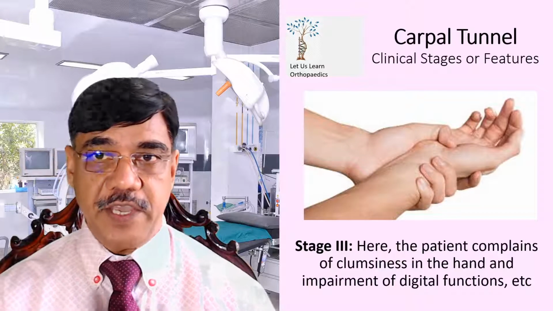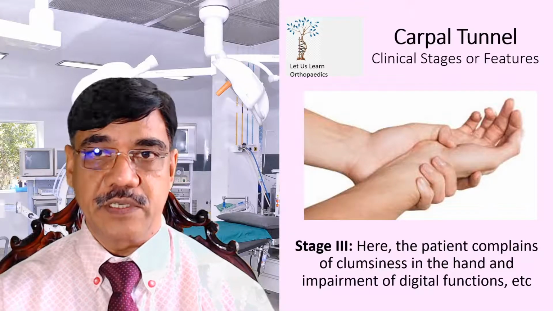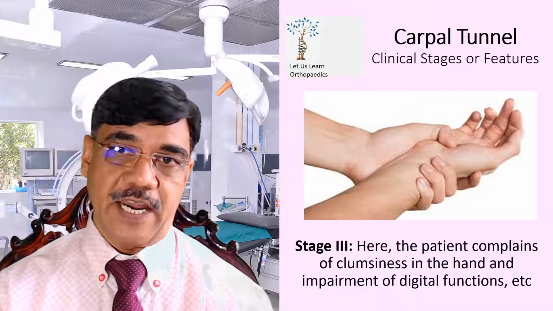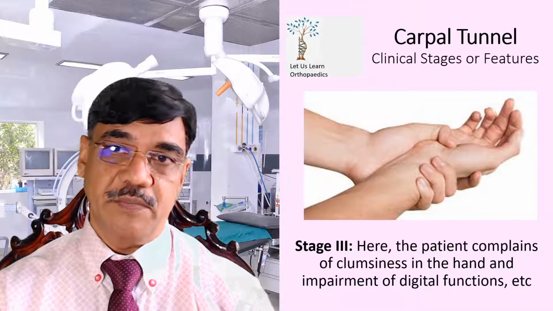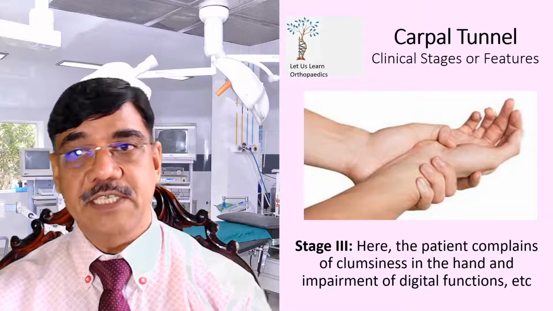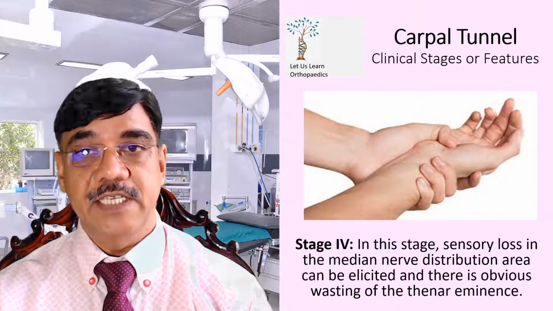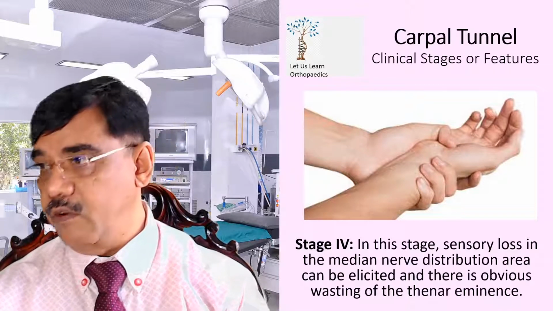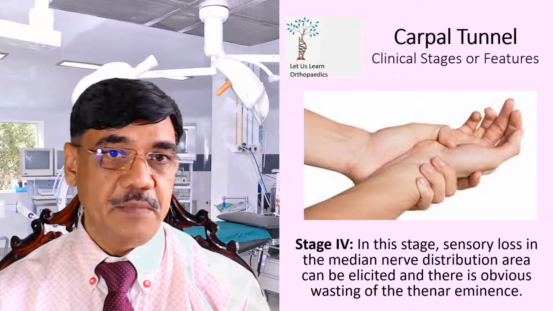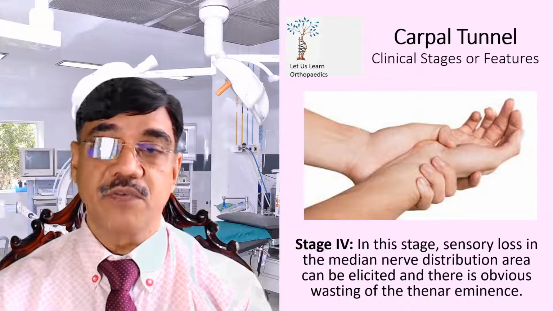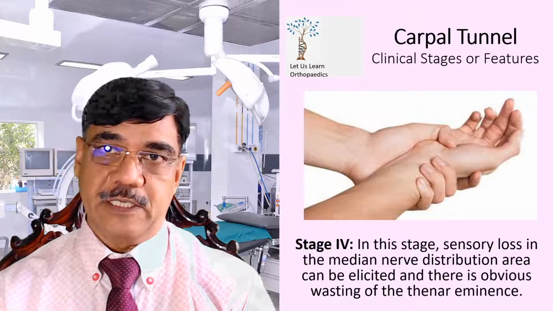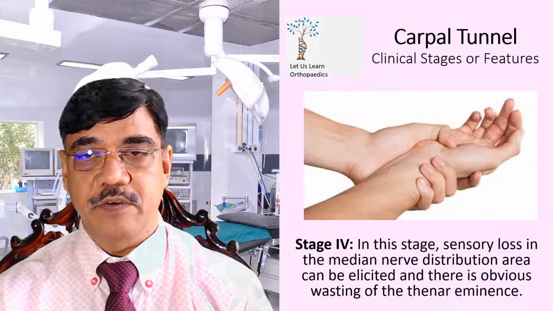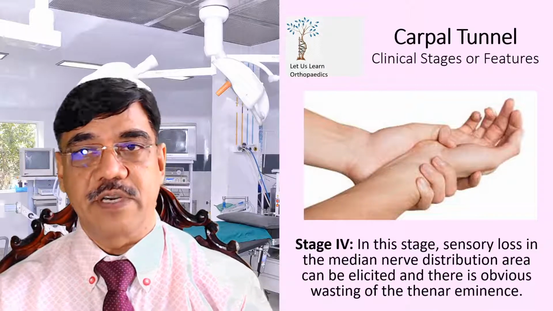In stage 3, when the symptoms progress, the patient complains of clumsiness in the hand, because now the motor functions are being affected, with impairment of the digital functions. In stage 4, even sensory loss is seen in the median nerve distribution area and can be elicited, and there is obvious wasting of the thenar muscles. Thus, carpal tunnel syndrome can be described in 4 different stages.